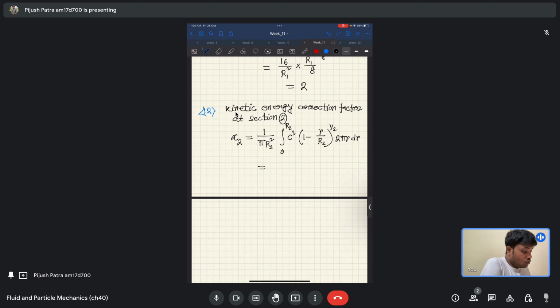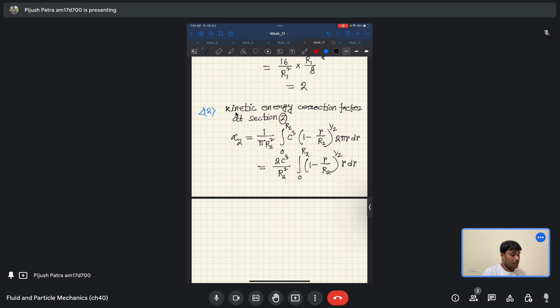It is 2 c cube by r2 square into integration 0 to r2 of 1 minus small r by capital R2 whole raised to half into r dr.